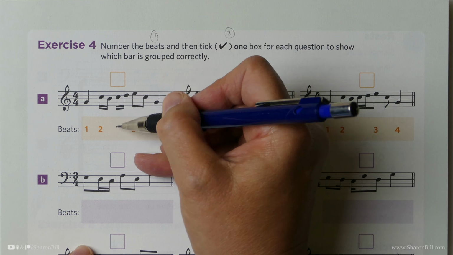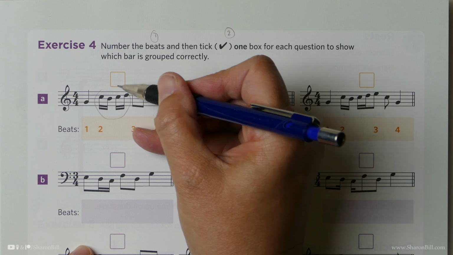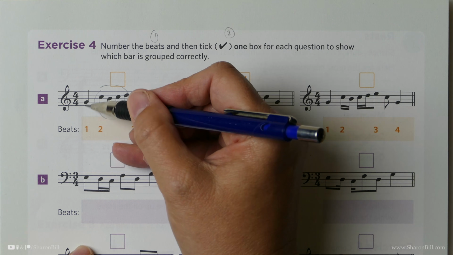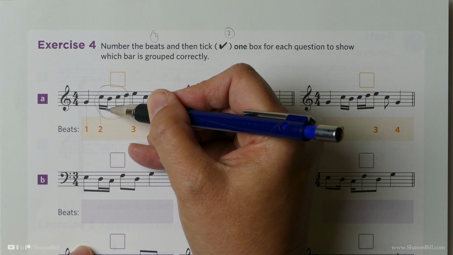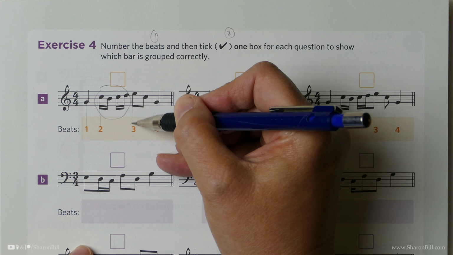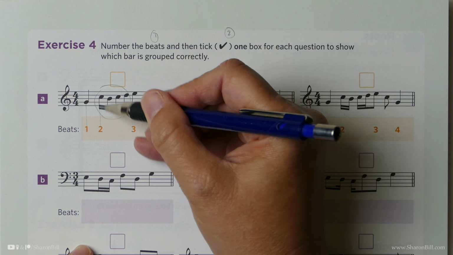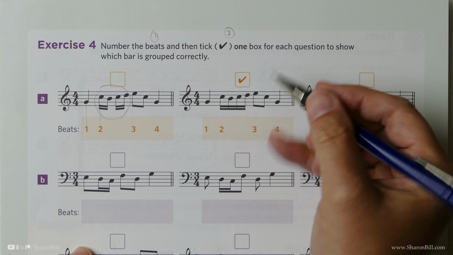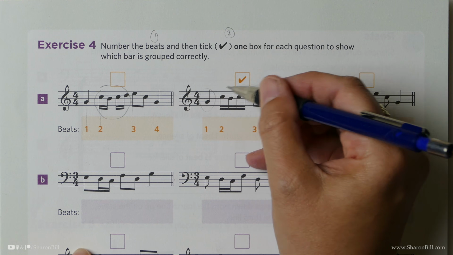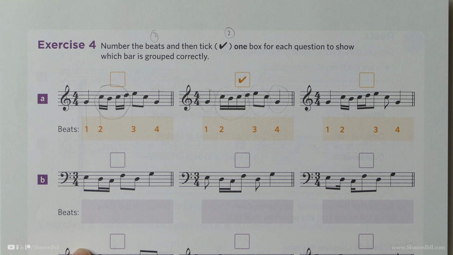It looks like this could be beat 3, but we know that 4 semiquavers make a beat and they should be together. So there's beat 1. That's beat 2, the start of beat 2, all of that is beat 2, beat 3 starts here, and it's really tricky to see that that's still beat 2 because it's incorrectly grouped. Whereas here we can easily see beat 1, beat 2, beat 3, beat 4.